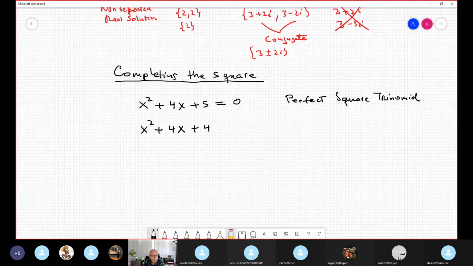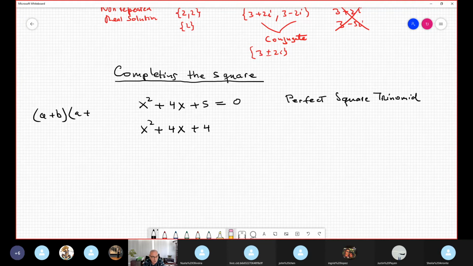You remember that, right? Okay, let me repeat the idea. A trinomial is a perfect square when it is the square of a binomial, like a plus b squared. You find the square root of the first term, this is a. You find the square root of the last term, this is b. Multiply each other, ab, and times 2, and you get the middle term.